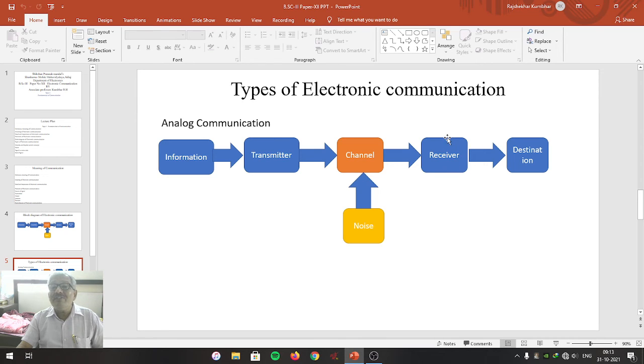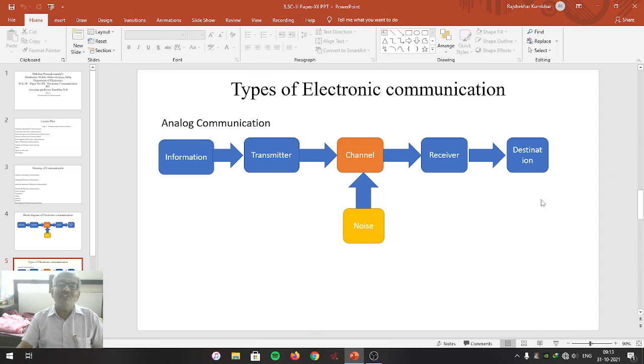The noise level is reduced, and the original information in electrical signal form is extracted. This extracted original electrical signal is given to the destination, and the destination stores that electrical signal in the form of original information.